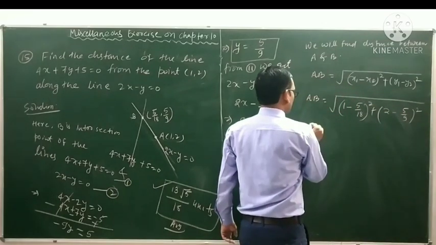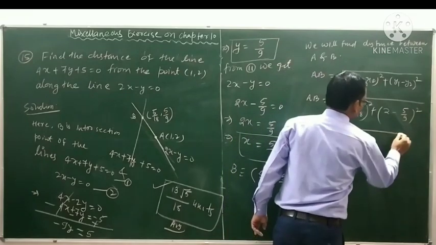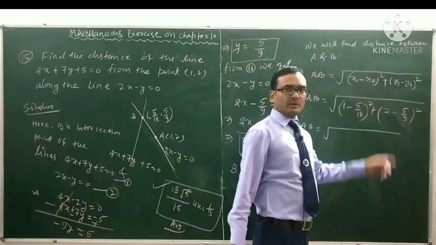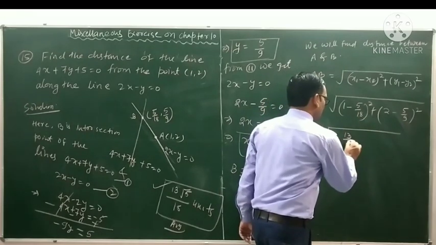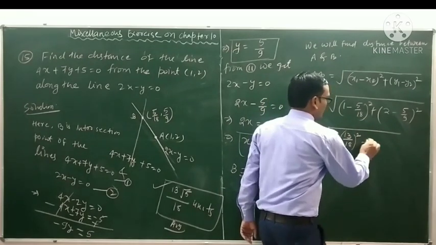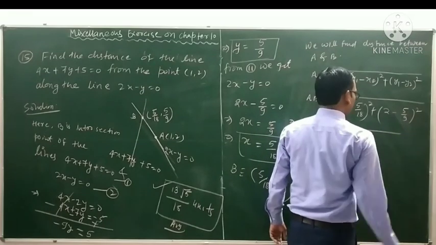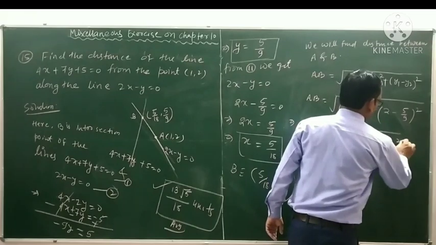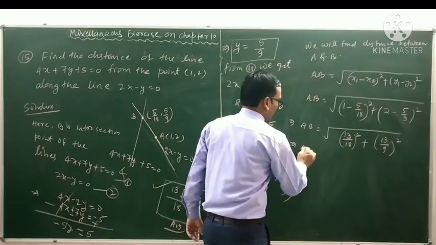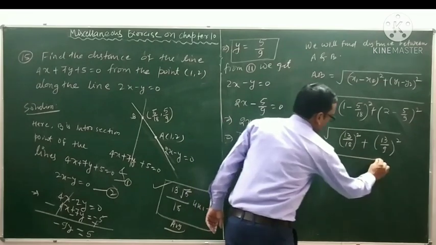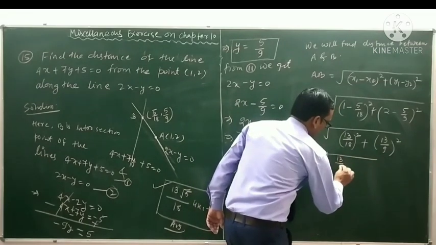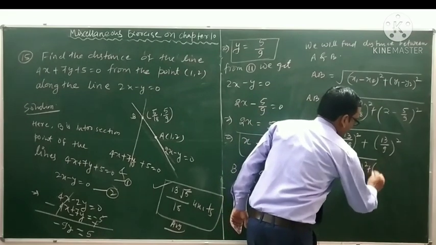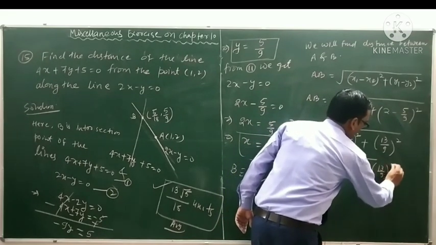This implies AB is equal to square root of (18 minus 5 is 13 by 18) whole square plus (18 minus 5 is 13 by 9) whole square.